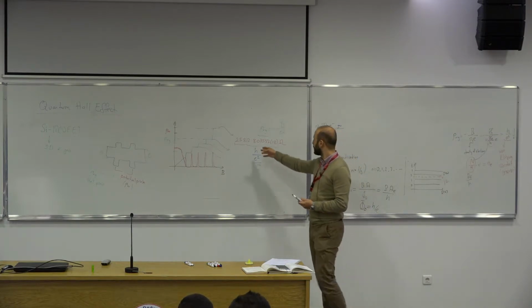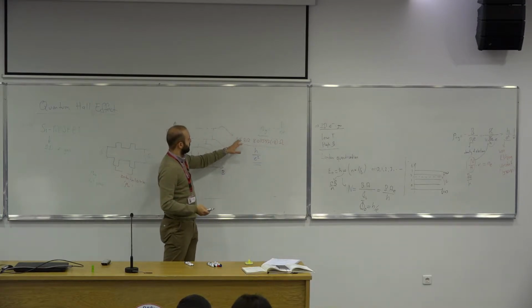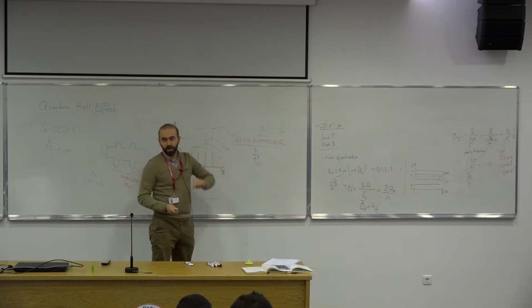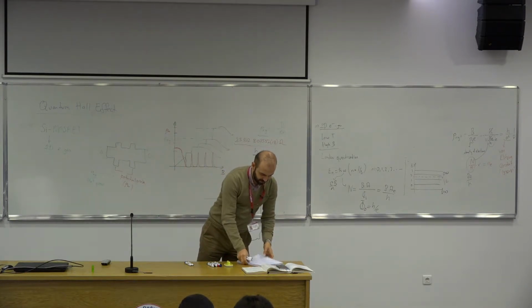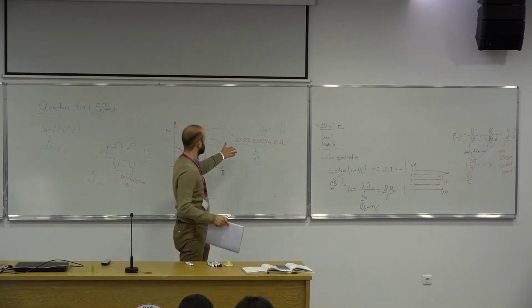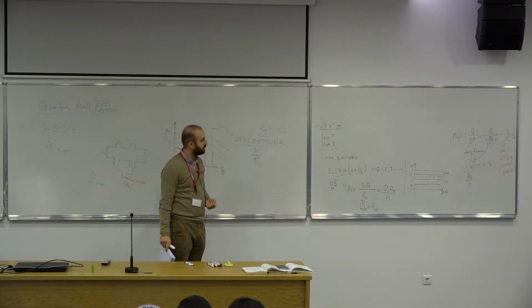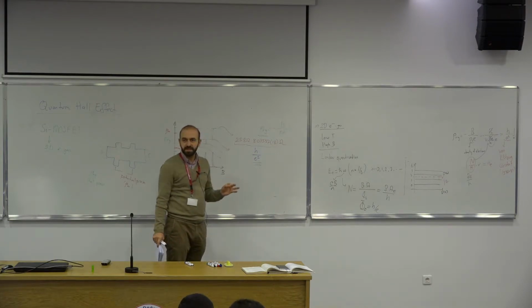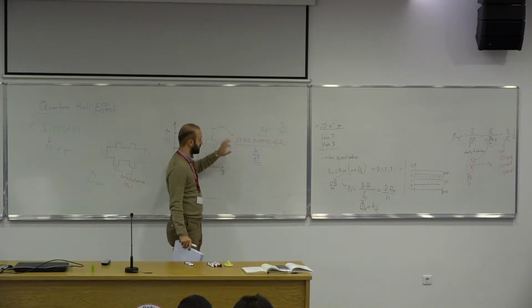So 1 over this value is 1 ohm exactly. This is the SI definition of an ohm, and it's commonly used in devices that require precision and constant checking of the resistivity or resistance.